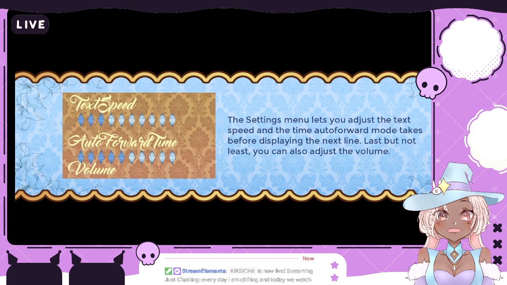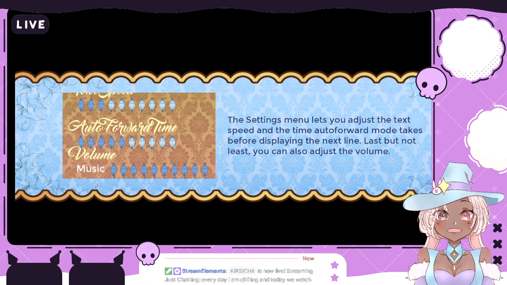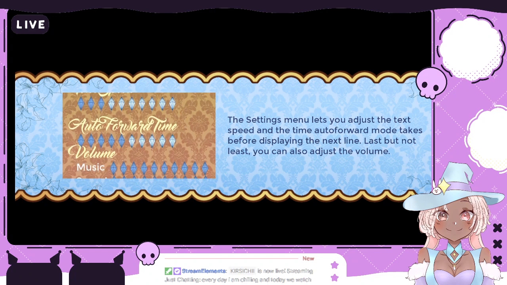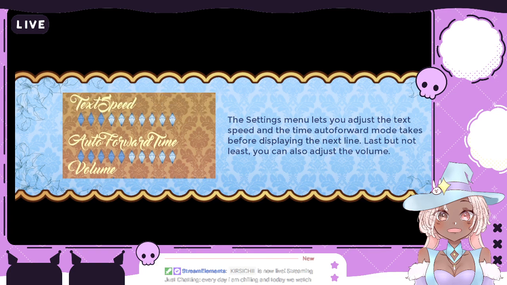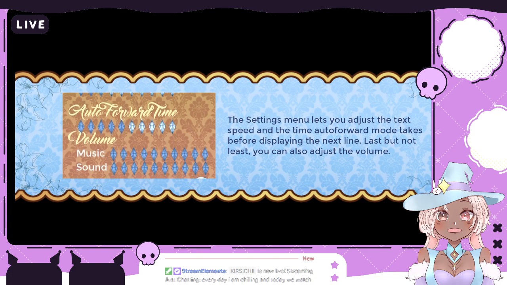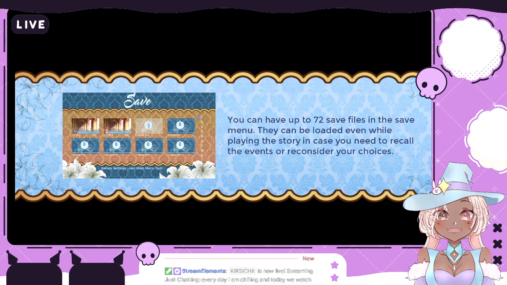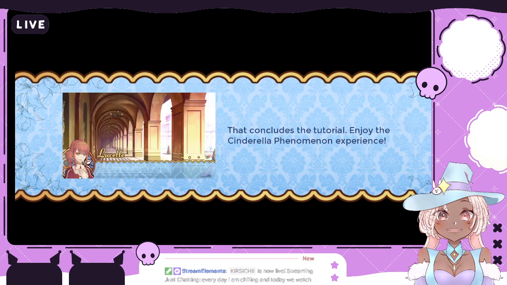The settings menu lets you adjust the text speed and the time auto forward mode takes before displaying the next line. Last but not least, you can also adjust the volume. You can save up to 72 save files in the save menu. They can be loaded even while playing a story in case you need to recall the events or consider your choices. That concludes the tutorial. Enjoy the Cinderella Phenomenon experience.